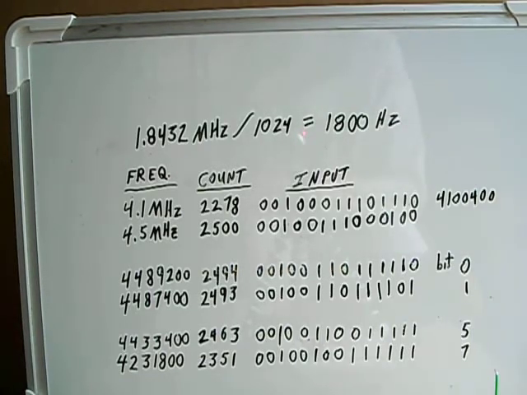So the four counts that I'm going to try are 4.489200 megahertz, 4.487400 megahertz, and the bits I'm going to tie to ground in sequence to test those frequencies. The output frequency I actually see is a little bit higher than the calculated frequency.